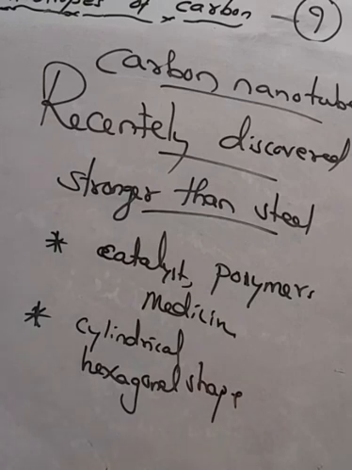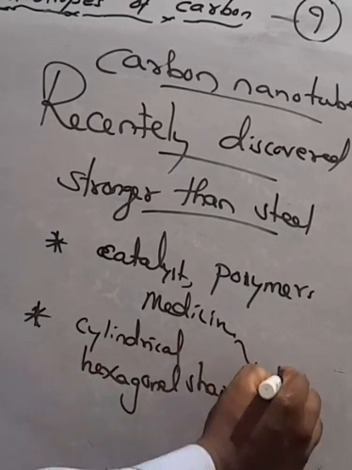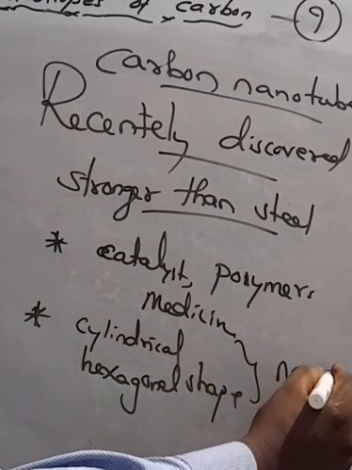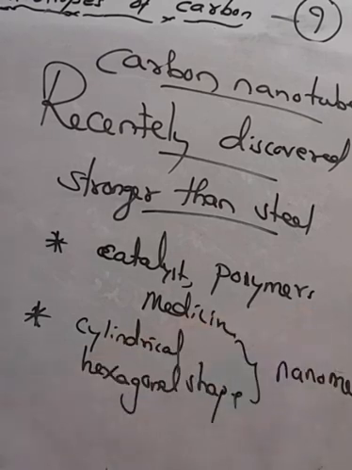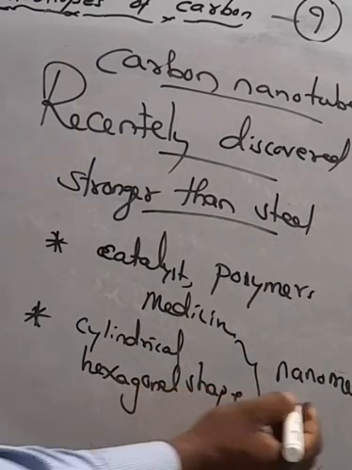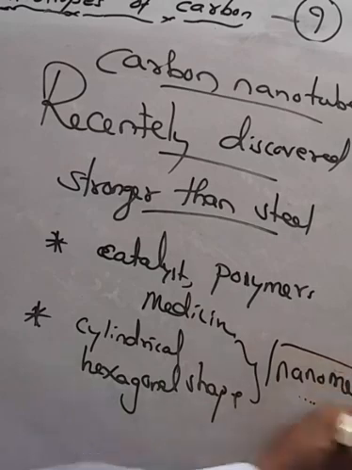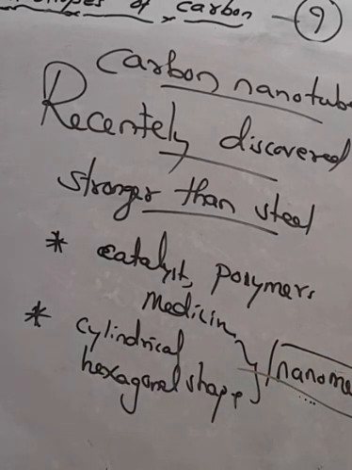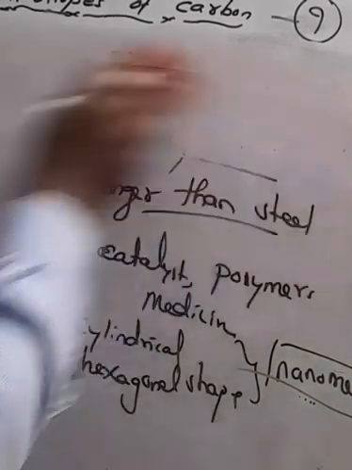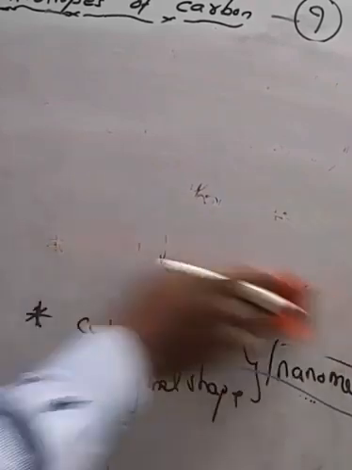Am I right? This type of allotrope can be measured only in nanometers, so we call them carbon nanotubes.